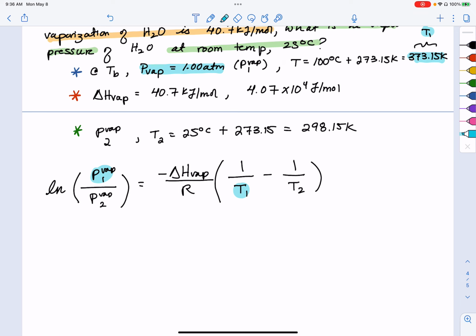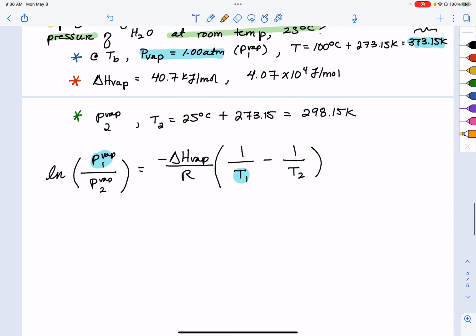What else do we know? We know the heat of vaporization of water. We'll have to make that sign negative. R is a constant, right? R is 8.314 joules per mole Kelvin.